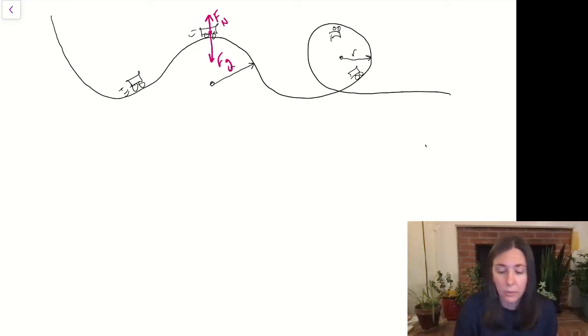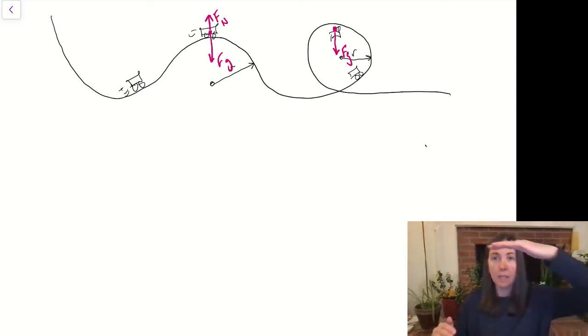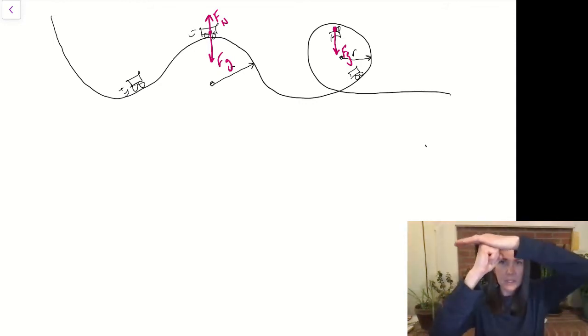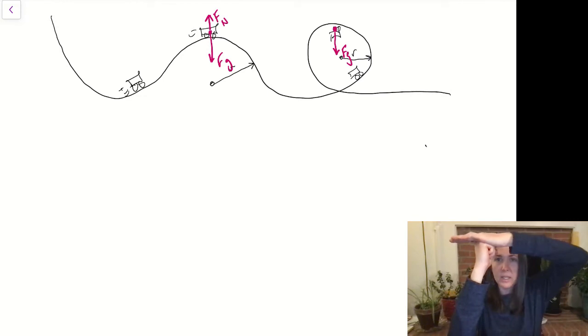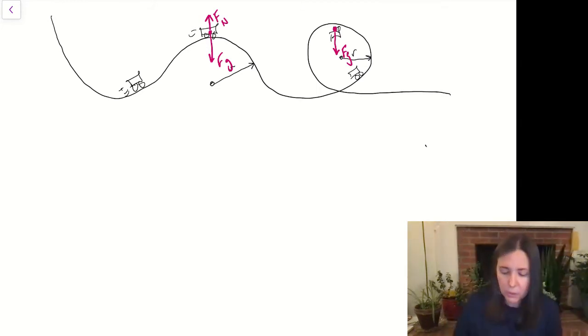Now over here, this is a little bit weird. We still have the force of gravity on the car, still going downward. But you can imagine the car goes around the loop, and so it's like me pushing up against the ceiling. In this case, the normal force is actually pointed downward. The force of the surface of my hand on my fist is a downward force.